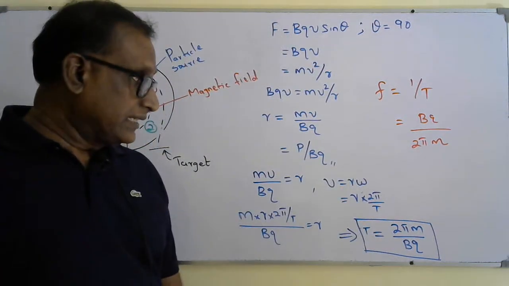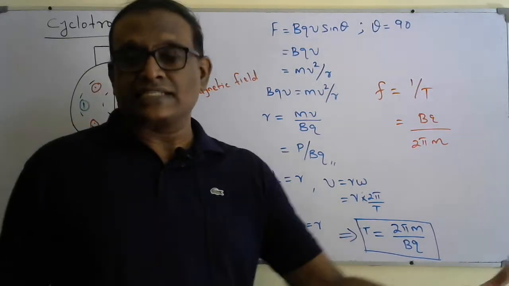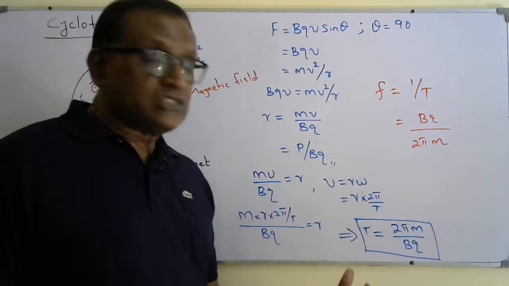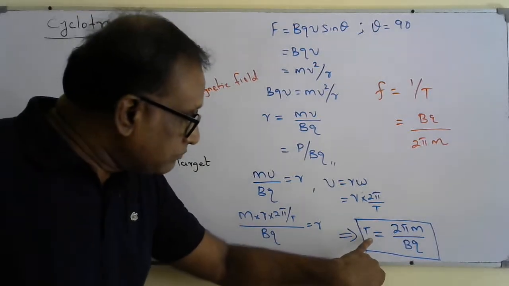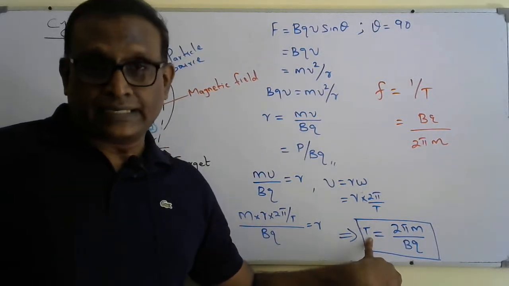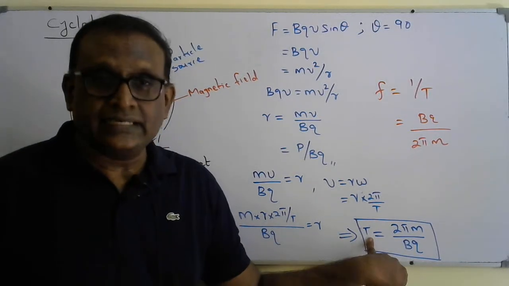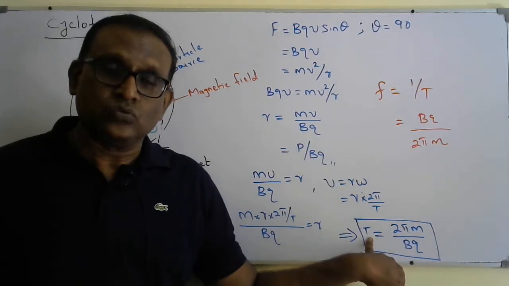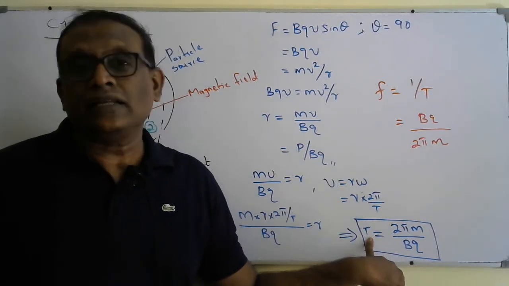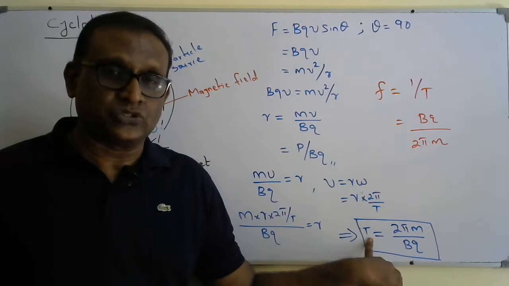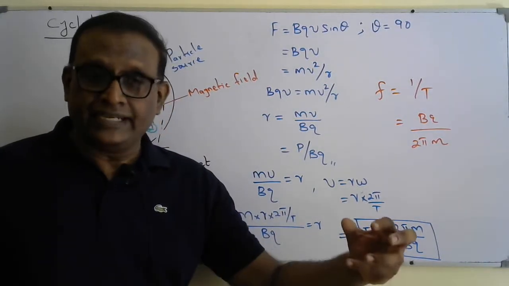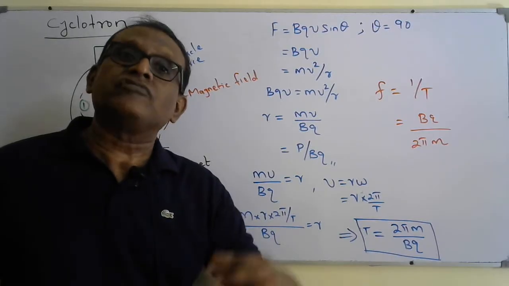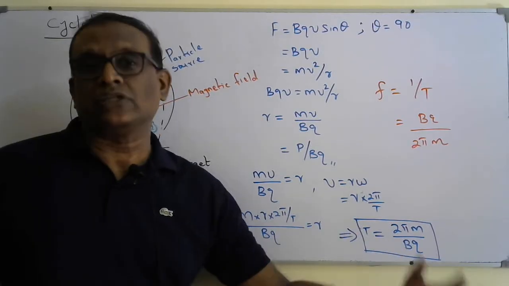One method is actually not physics, it's technology. The problem is due to the change in time period of the particle. So they designed a cyclotron with a variable period of AC signal. The period of the AC signal always varies according to the variation of time period of circular motion of the particle.